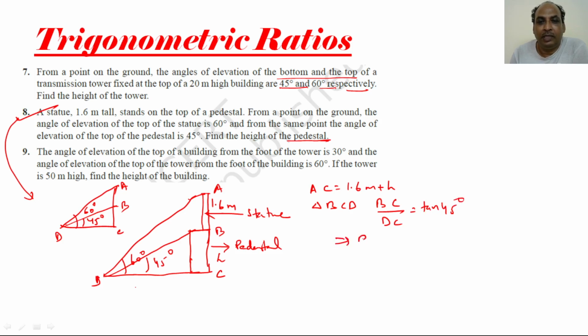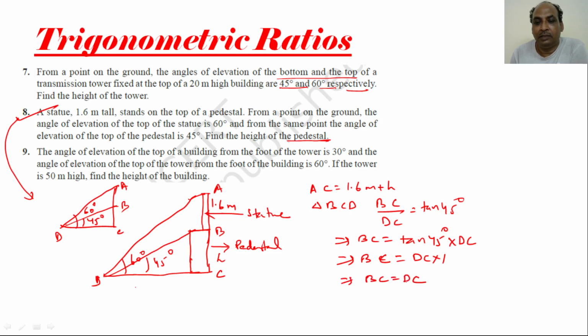So BC is equal to tan 45 degree into DC. Tan 45 degree is equal to 1, we already know. So BC is equal to DC into 1, and this has become BC is equal to DC. So now we have come to know that BC is equal to DC.